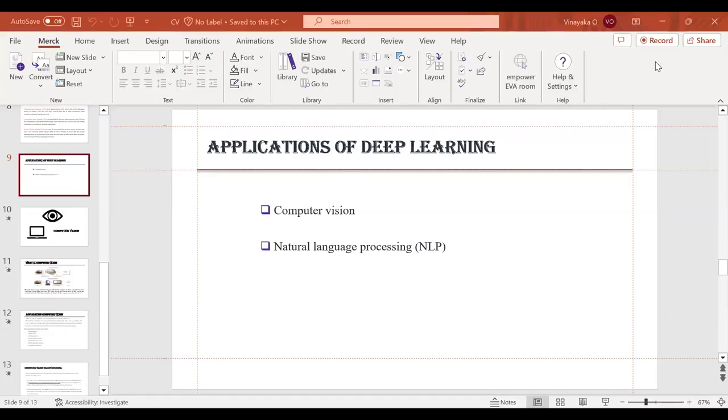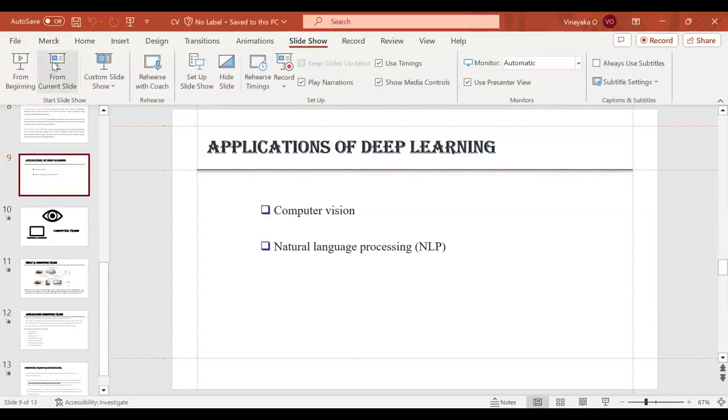Computer means it's a machine, right? What do you mean by vision? Vision is nothing but a visual which the machine is going to view, correct? So let me open it in presentation mode.